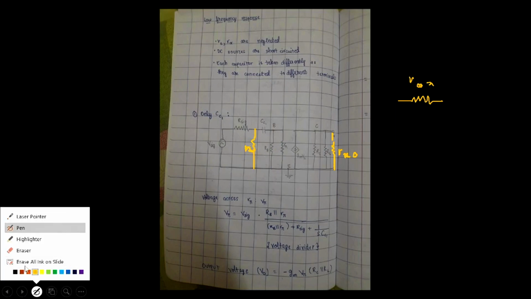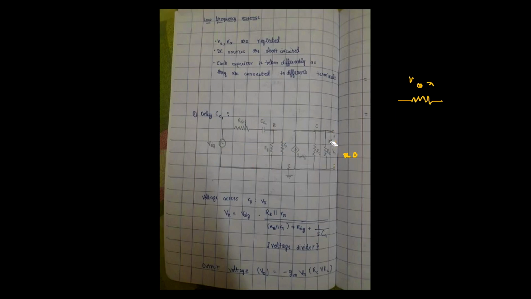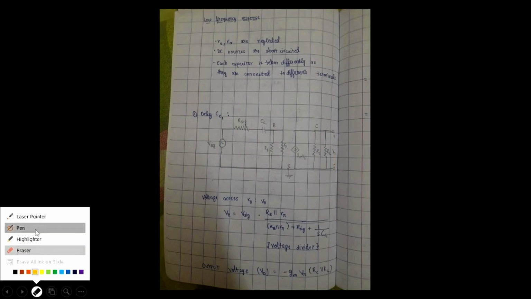So in low frequency analysis, we take the same circuit as high frequency analysis, but the additional resistances RO and Rx that we had earlier, and the RB, they're all going to be omitted, because those resistors always are taken in values which are in tens of ohms.